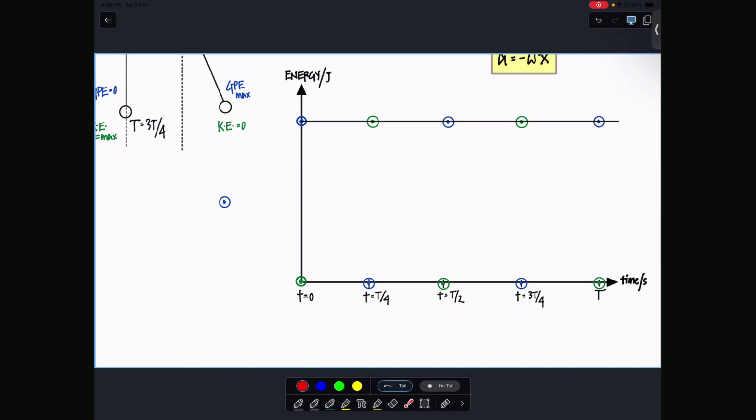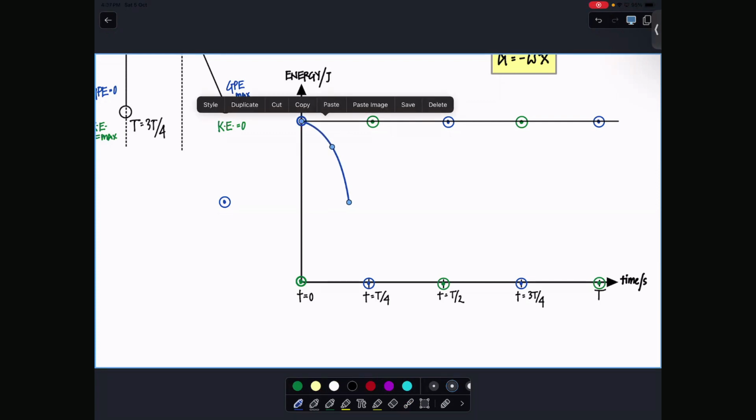How does it look? When you square a cosine graph, everything that's negative becomes positive as well, because it's cosine squared. You're right, it is like a cosine graph, but not fully a cosine graph. It is a little skewed.